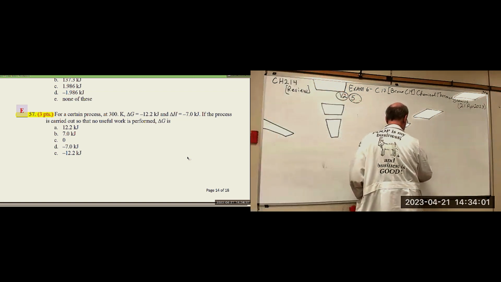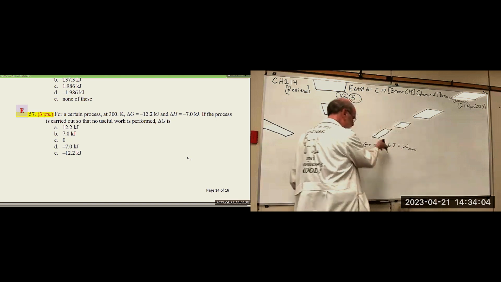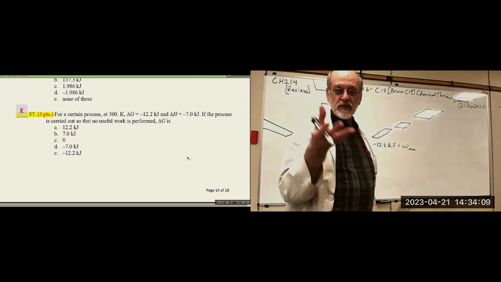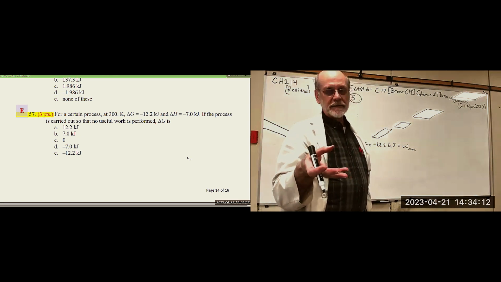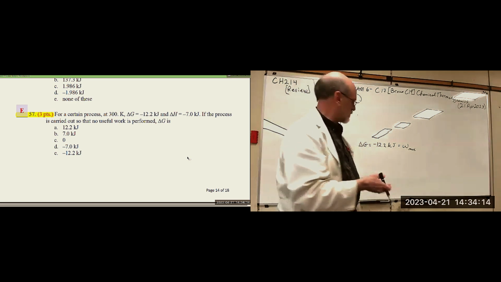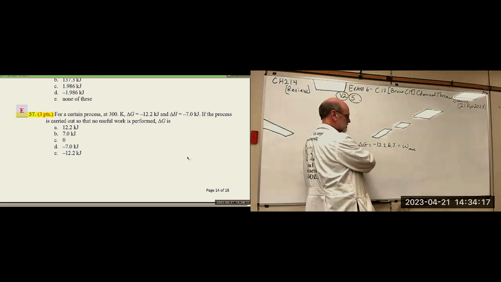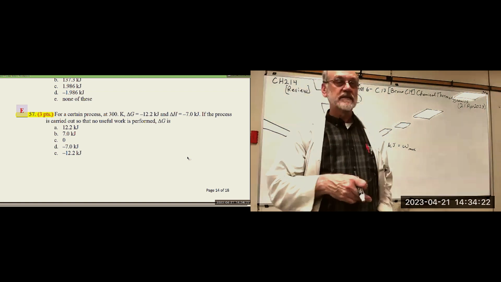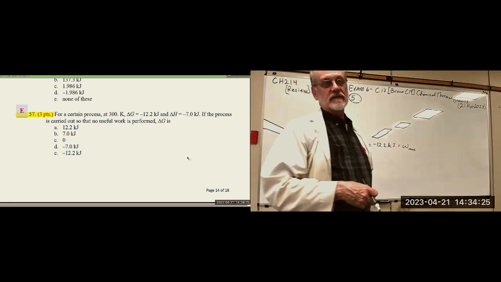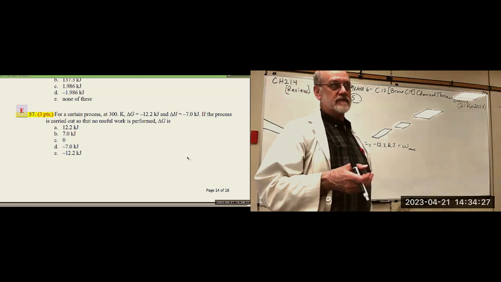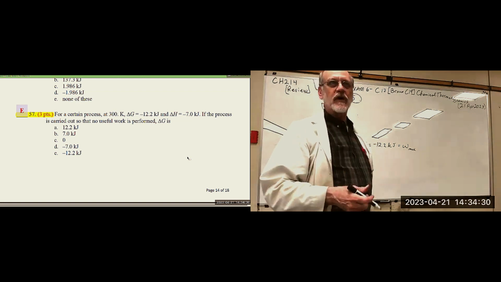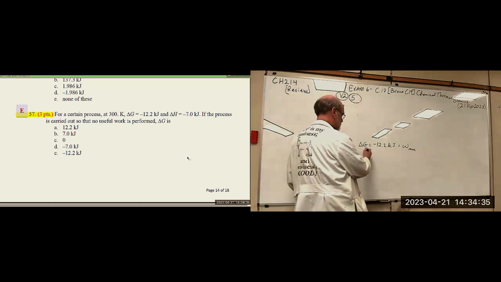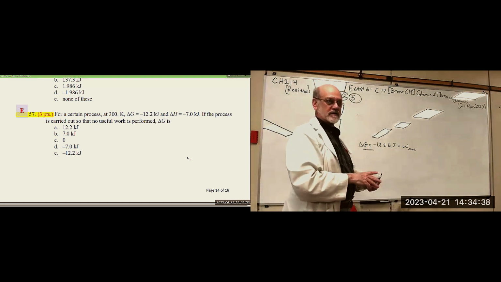This is the maximum amount of work that can be obtained from that process. But they're telling us the process was carried out so that no useful work was performed. All right, so whatever the process is, they just let all that energy go. But did that change delta G? No. Delta G is still delta G. Just because we didn't get any work out of it, that's the researcher's fault. So delta G is still minus 12.2. It's a trick question.